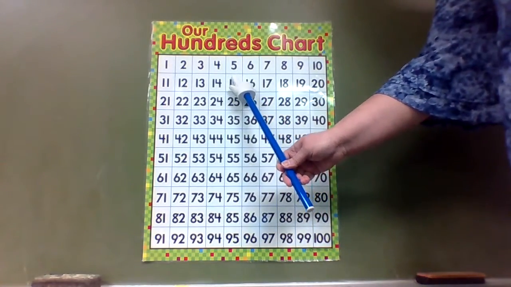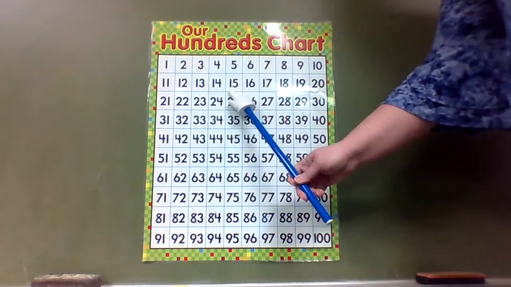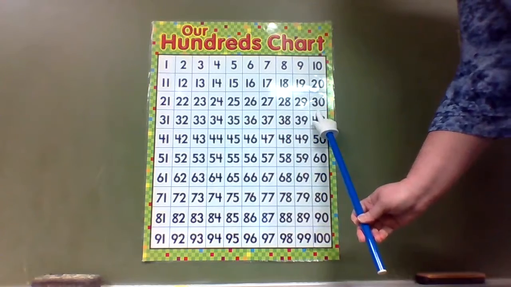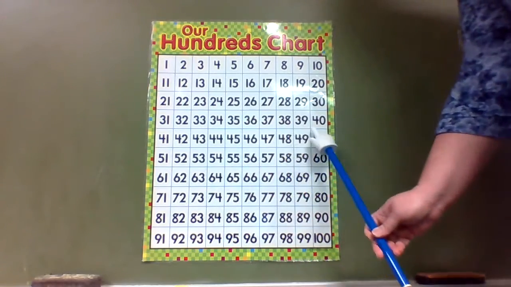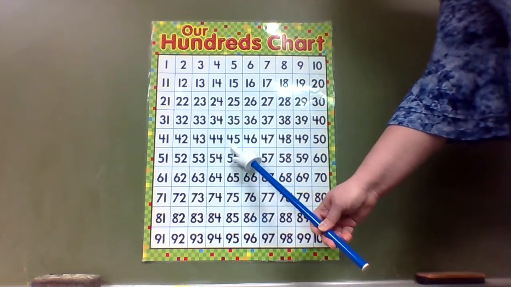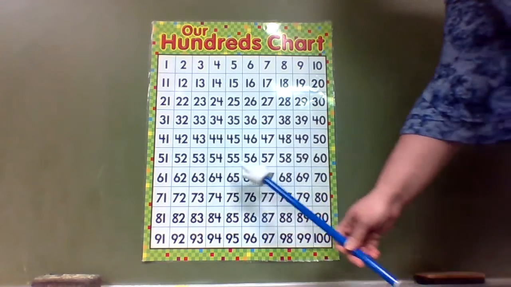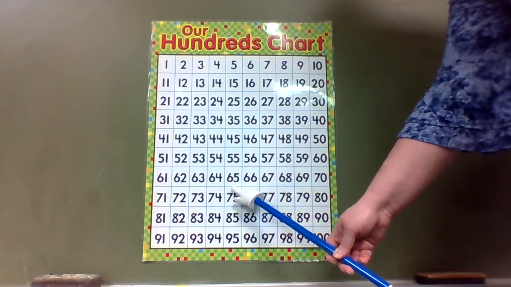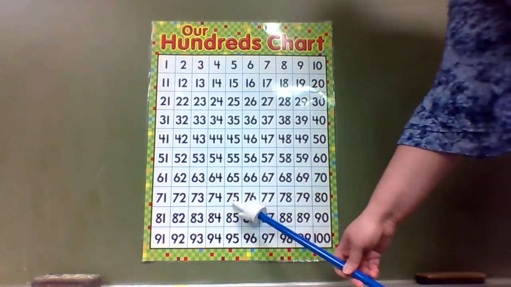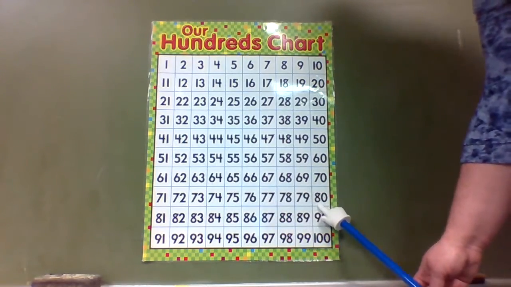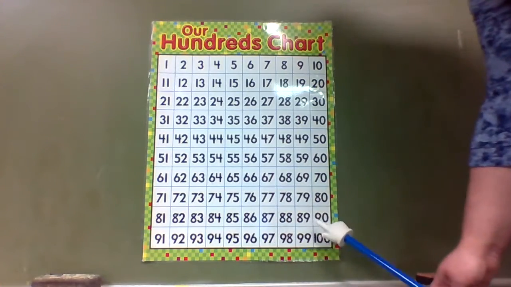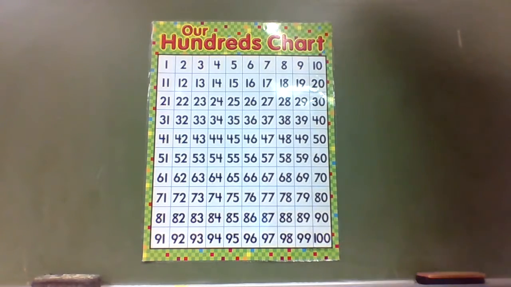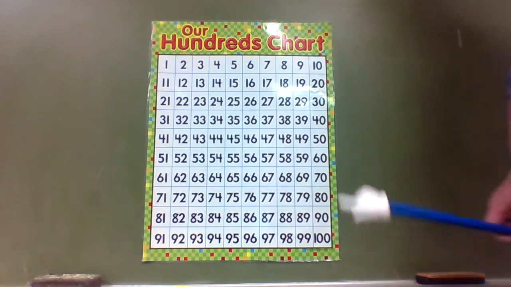Ready? 5, 10, 15, 20, 25, 30, 35, 40, 45, 50, 55, 60, 65, 70, 75, 80, 85, 90, 95, 100. And last, let's count by twos.